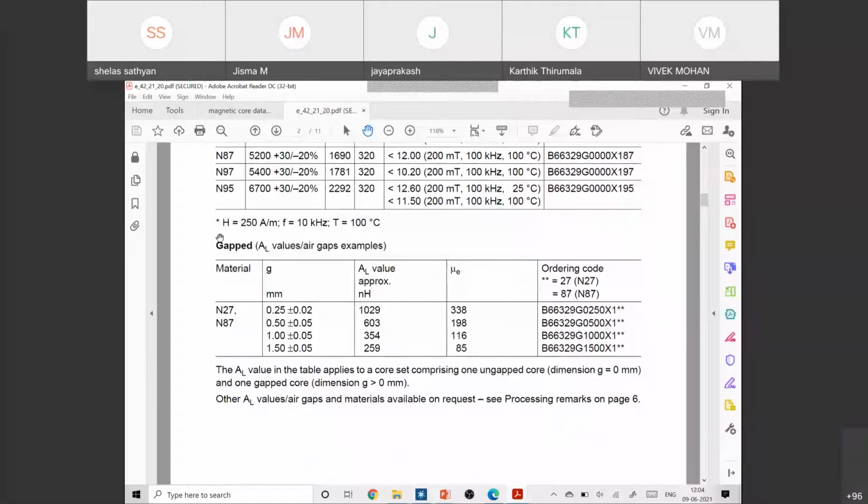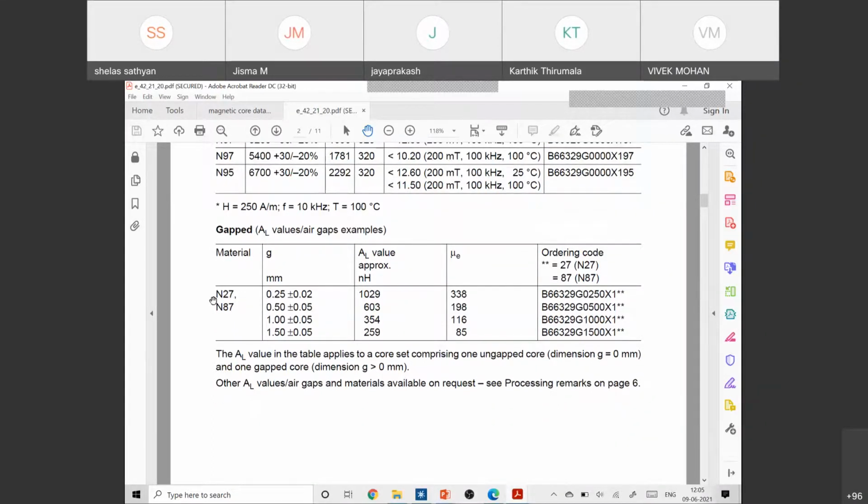Manufacturers sometimes give gapped cores. Once a manufacturer gives a gapped core, it is necessary that they give another term called the AL value. The AL value must be given for a gapped core. If you choose a core having the first part number, then it can have a maximum air gap of 0.25. That is fixed, you cannot get lesser than that.